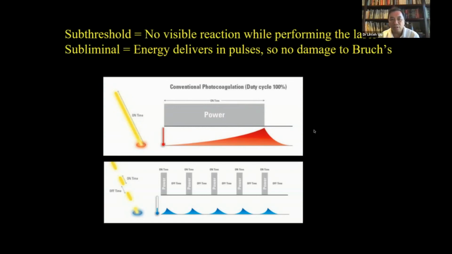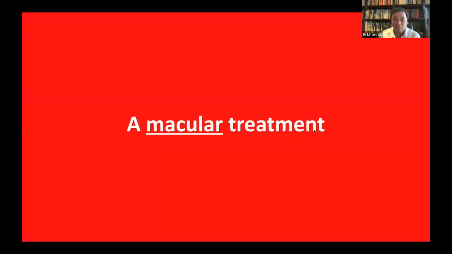So this allows us to treat the RPE in a more targeted way, allowing us higher powers because we have time to let the tissue cool down and not have the problems that we have with conventional continuous wave photocoagulation. And this is a macular treatment.